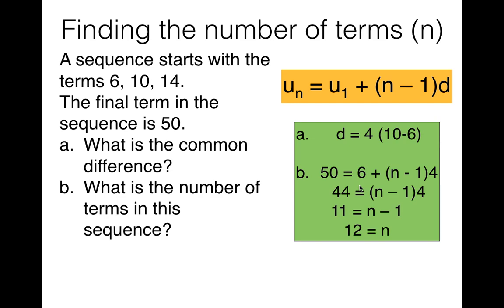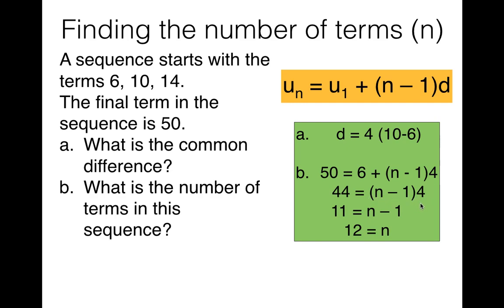So the first thing I do is get rid of this 6 here because it's kind of getting in my way at the moment. So I can do 50 minus 6 and that gives me 44. Then I've still got this n minus 1 all multiplied by 4. Now, really it's easier to keep the n minus 1 in the brackets, and if I can, divide by this number outside of the brackets.